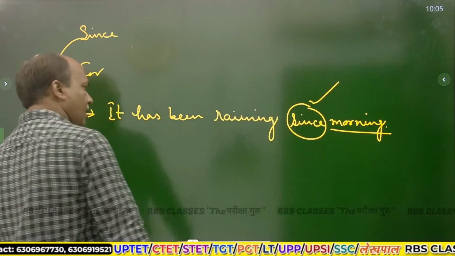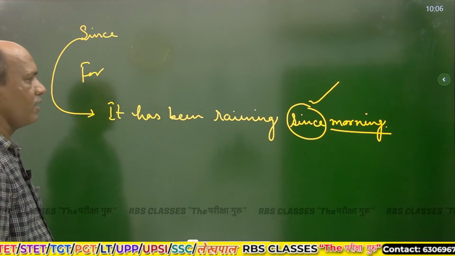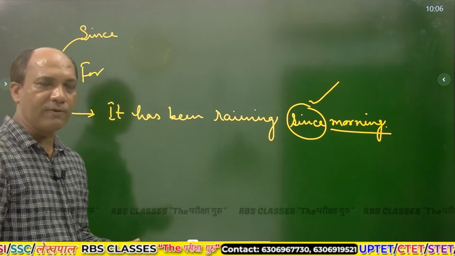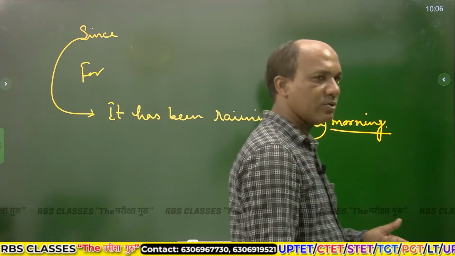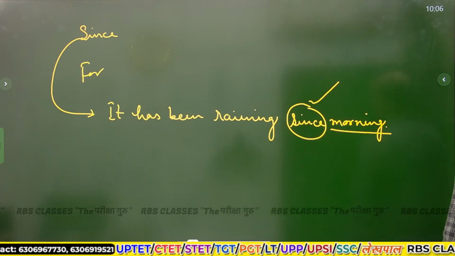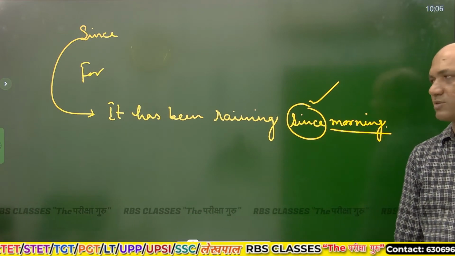अगर यहां it is raining लिख दिया जाता तो since और for दोनों के यूज गायब हो जाते, तब morning भी नहीं आता, तो it is raining simply होता. But if it has been given here in perfect continuous tense, so simply you have to use the helping verbs of continuous, perfect continuous tense, and that is has been.